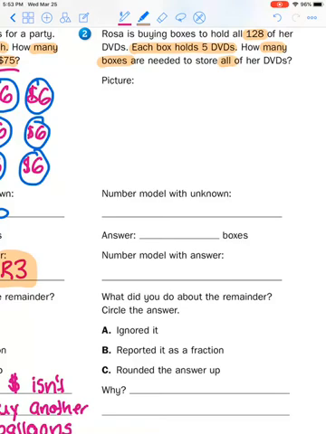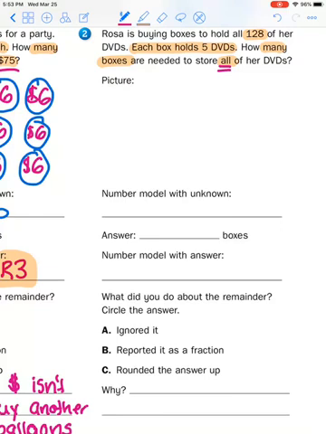So right away, I know that if I have a remainder, I have to round because I'm not going to break the DVD in half, and I'm not going to only box a certain amount and then leave some empty. Remember, she wants to box all of them. So right away, that gives me a clue that we're probably going to have to round the answer up. But let's see.